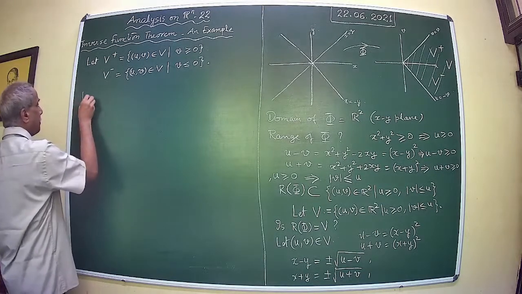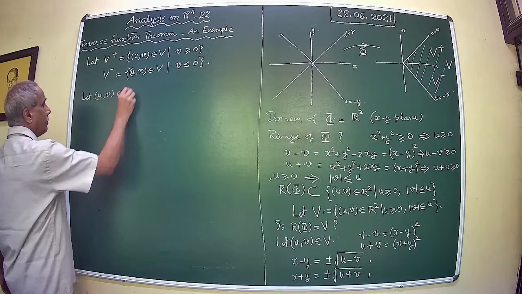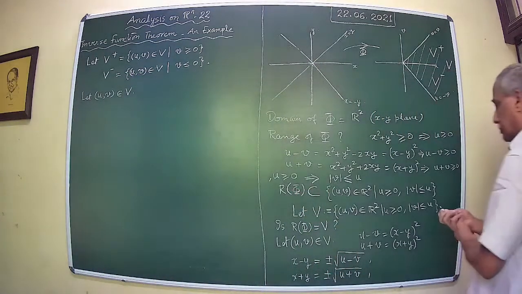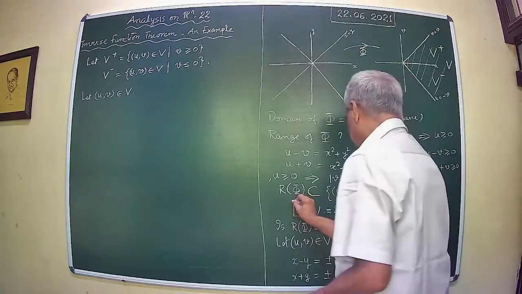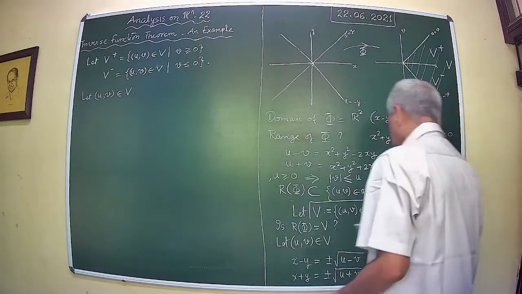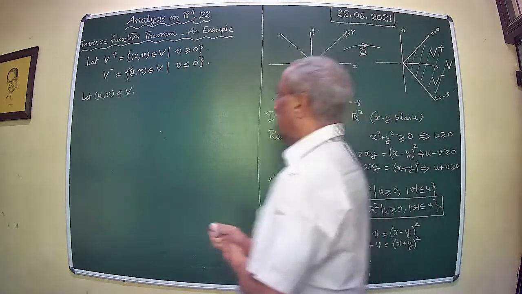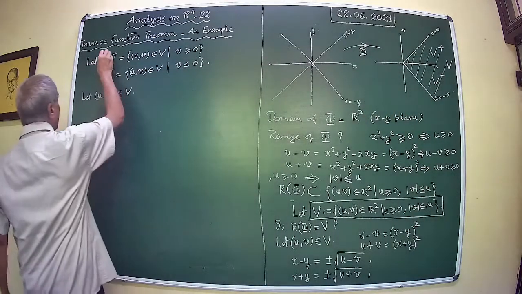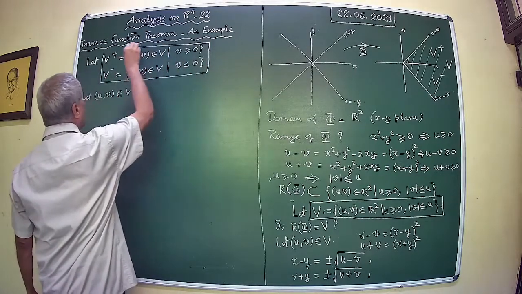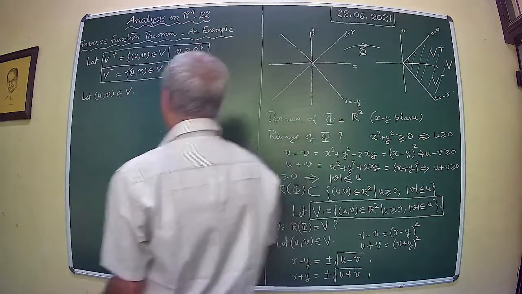Let V be as defined here. It's a definition. And V plus we have defined here. Okay. So these are the notations.